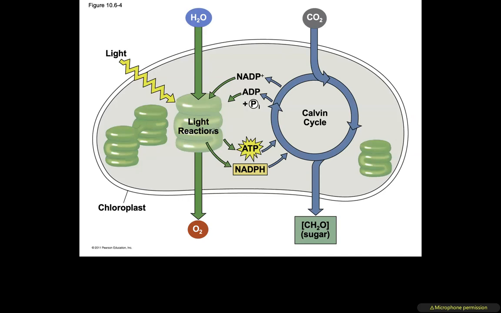And a couple of oxygens will get together and they will leave outside of the chloroplast as O2. So oxygen is actually a waste in this light reaction. In order to get that water to split, you have to put in solar energy. You have to put in light in order to get that to split. So that is part of the light reaction.